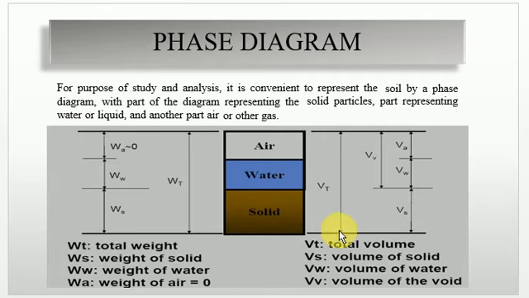Vs is the volume of solids. Vw is volume of water, and Vv is the total volume of voids, which is considered as Va and Vw. Va is the volume of air plus Vw is equal to Vv, total volume of voids.